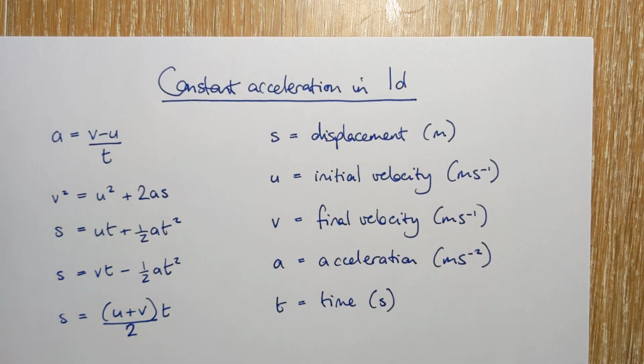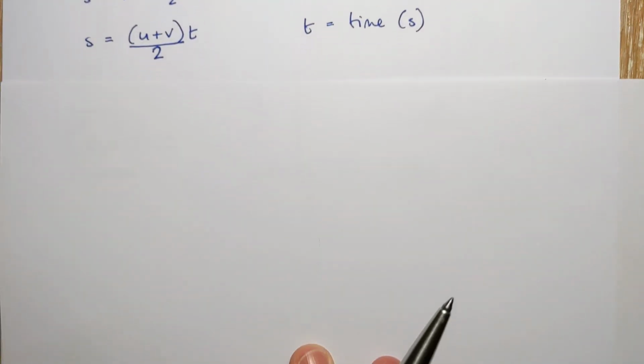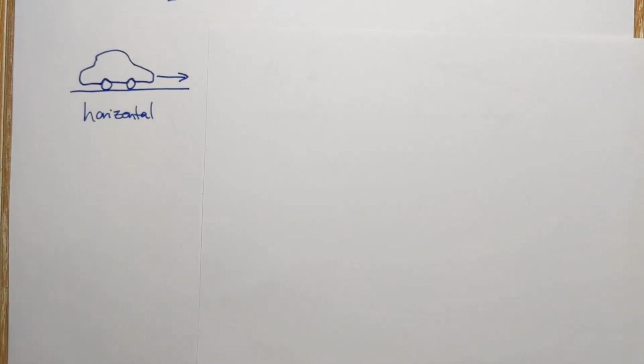Okay, so motion in 1 dimension means motion along a line. That line can be any direction you like. So for example, constant acceleration along a horizontal line might be a car accelerating forwards with a constant acceleration.